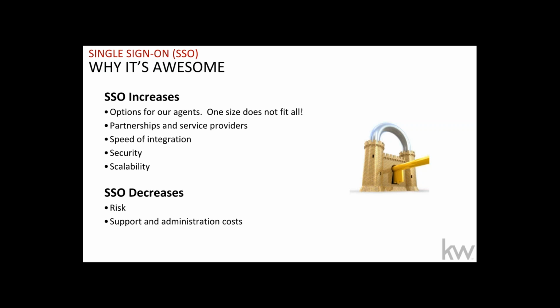Before we released SSO, it took several weeks to integrate a new partner, and this is something that we can now do sometimes in a matter of days, or ideally even in a few hours. So this really is a technology that is going to allow us to bring new technology to our associates in a much quicker way.